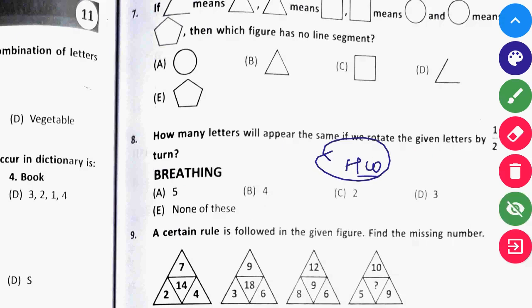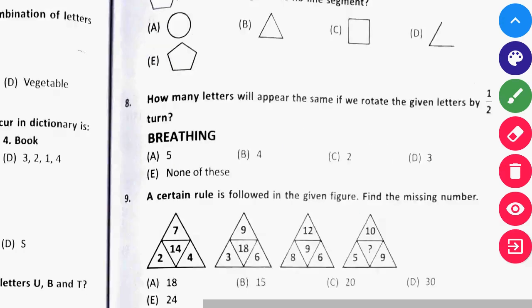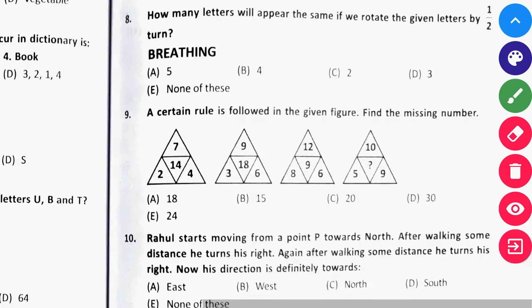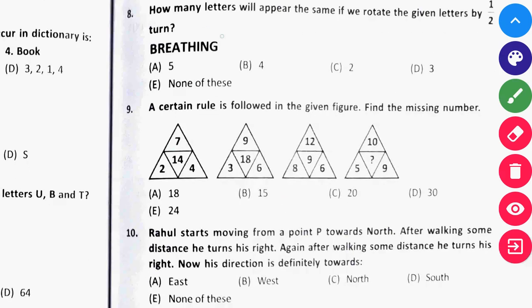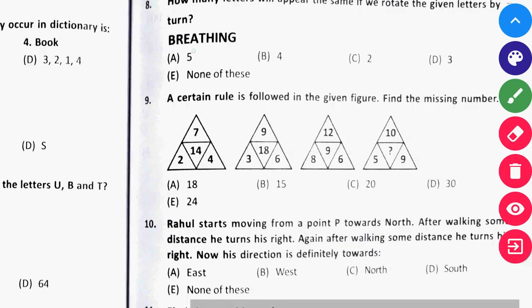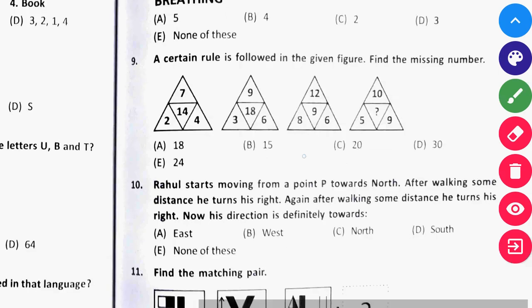You try at home. If you are not able to solve it, we'll solve it in the classroom. Half turn we have to take. Clockwise, you have to rotate these letters by half a turn and check which letters will remain the same. So you can find it.